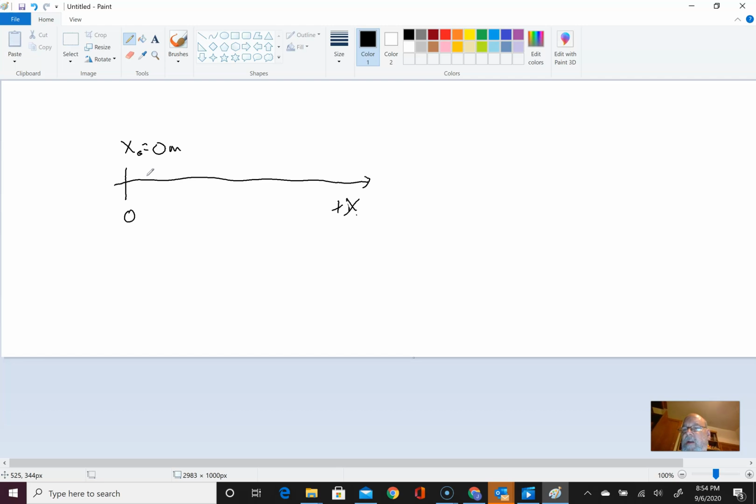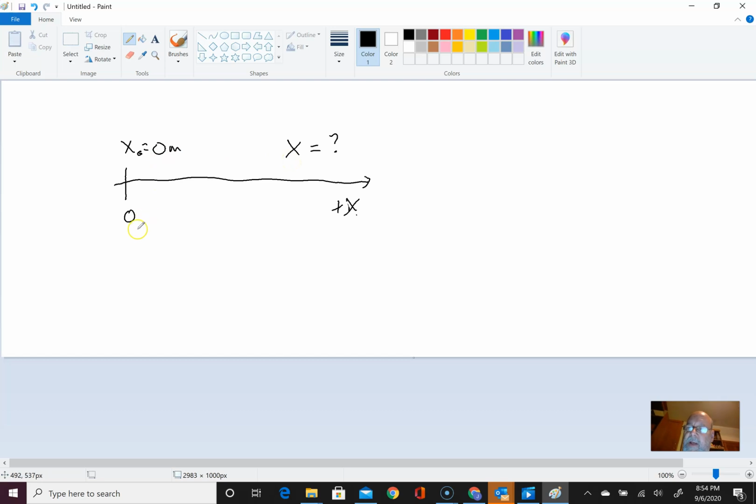It's not going to say that our initial position is somewhere else. Then we're going to have a final position, and that's going to be x. And let's just say that we don't know what that final position is right now. And then whatever that position is, that will be a displacement. From 0 to whatever that is will be a displacement.